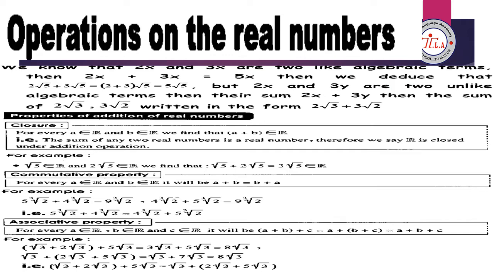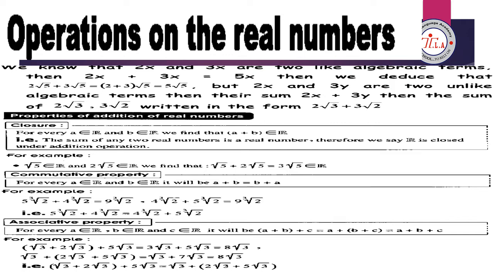But if we have two unlike algebraic terms like 2x and 3y, then their sum will still be the same, 2x plus 3y, because they are unlike algebraic terms.